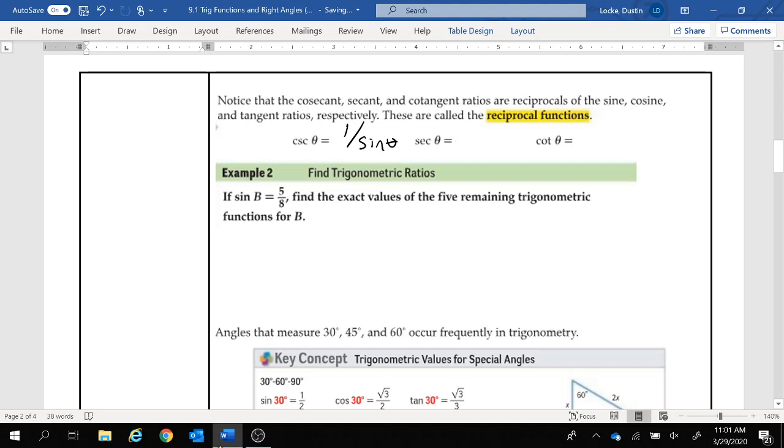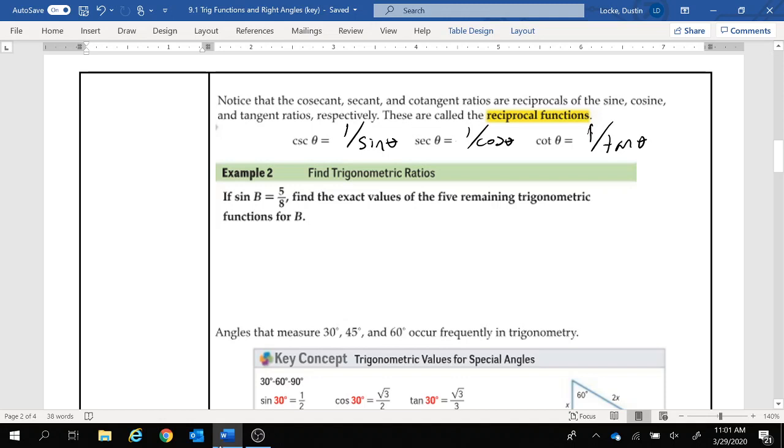Secant theta is the reciprocal of cosine. So we can write that as 1 over cosine theta. And cotangent is basically going to be 1 over tangent, right? That's the reciprocal of tangent. All right, so those are just another way you can represent those 3 ratios.